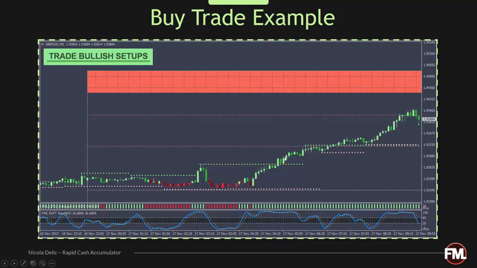So after you see that breakout, you want to see the green on the histogram, so green bar on the histogram, and your stochastic RSI must be above 65. So we have that over here. For the stop loss, we are going to use this line, and for the take profit, we are going to use more or less the 2 times that side. So 2 times the distance of the stop loss to entry point.